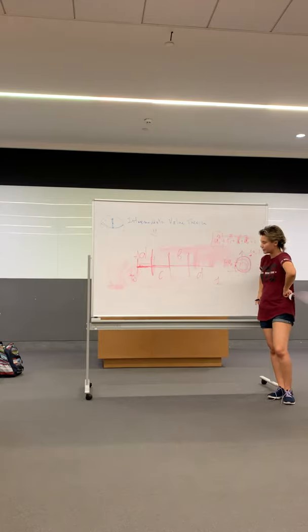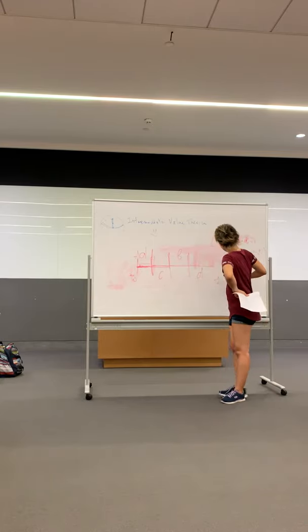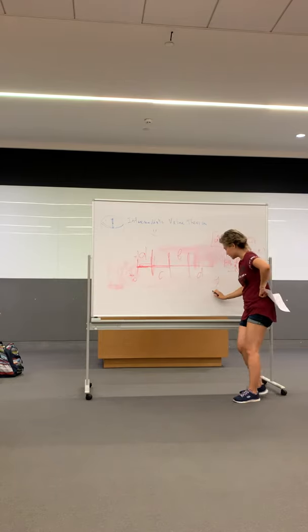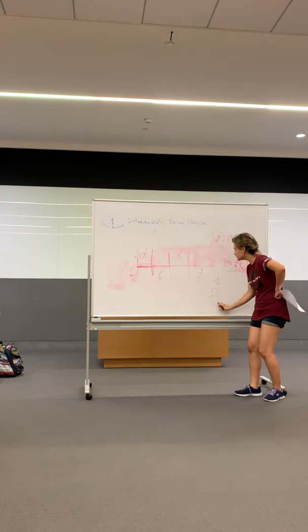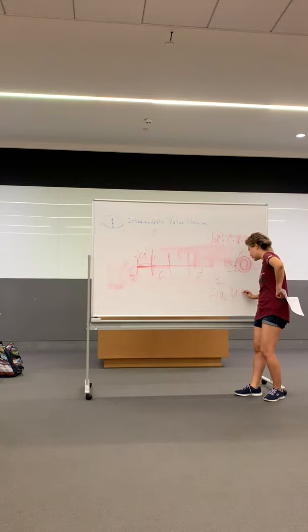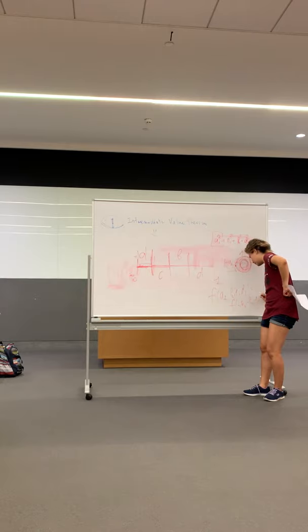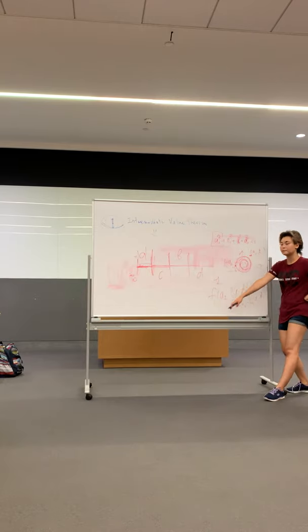What can I do after that? I have the Borsuk-Ulam theorem telling me that if I have the sphere and my function is continuous, I can always find some a1, b1, c1, d1 such that f for minus a1, minus b1, minus c1, minus d1 has the same value.